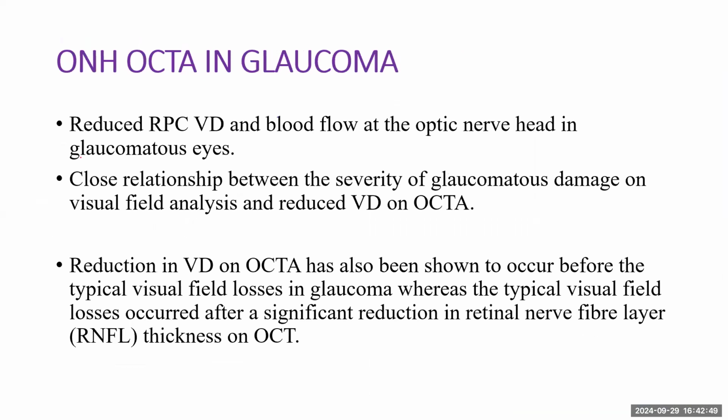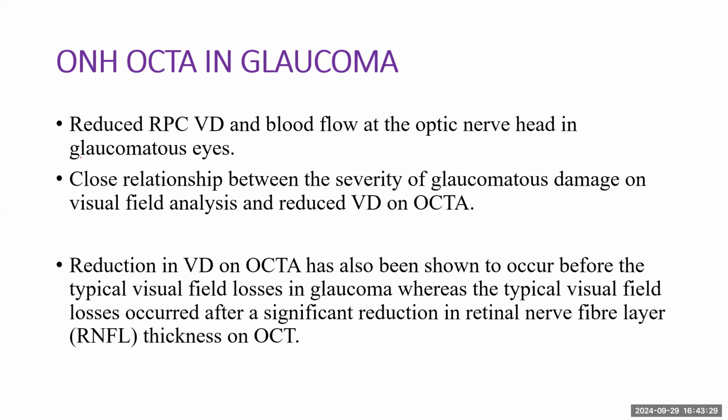So what we have available in studies is that the RPCs and optic nerve head flow are reduced in glaucomatous eyes. And there is a close relationship between severity of the glaucoma on visual field analysis and vessel density reduction on OCTA. And the reduction in OCTA has been shown, this is a key point, to occur before the typical visual field losses and also before the reduction in retinal nerve fiber layer thickness, from studies.